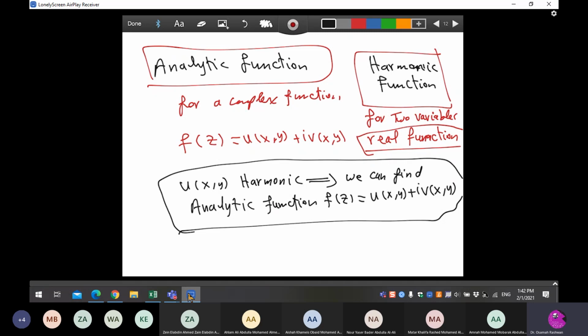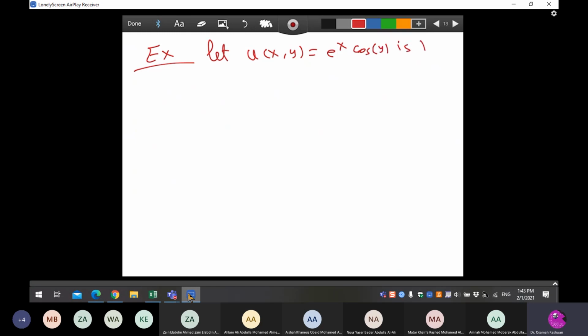Okay, that's good. Let's have an example for this one. If I give you the real part and you check whether it is harmonic or not, you can find the other part and mix them together to have the complex function. Let's do it. Let u of x and y equal e to the x cosine y be the real function.